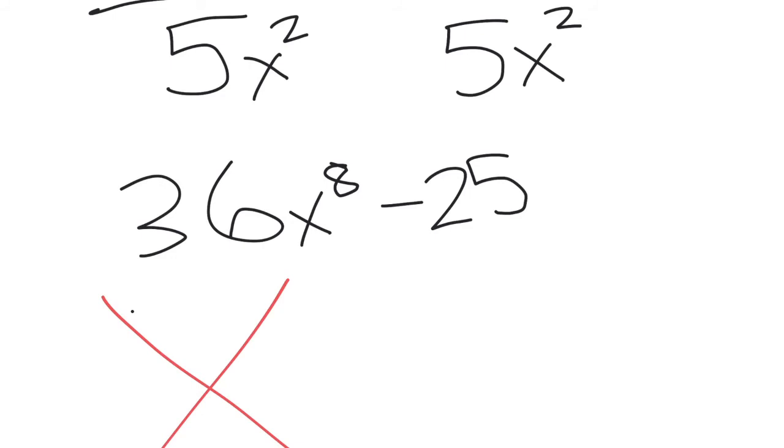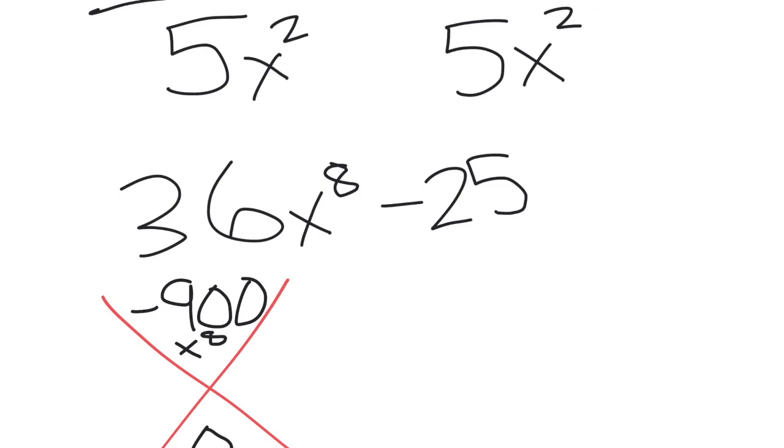If we multiply them together, 36 times negative 25, that will get us negative 900. Yes, I used a calculator for that. And then there's also going to be an x to the 8th. But this time there's no middle number, we're just going to put a 0 there.